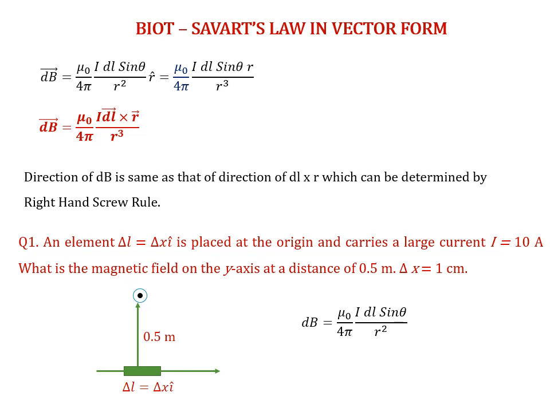Distance r is equals to 0.5 meters. When we substitute the value, result is dB is equals to 4 into 10 raised to minus 8 Tesla into the unit vector k, because the field will be in the z direction. Okay, it is pointing normally outward, means it will be the third axis, that is the field will be in the z direction.